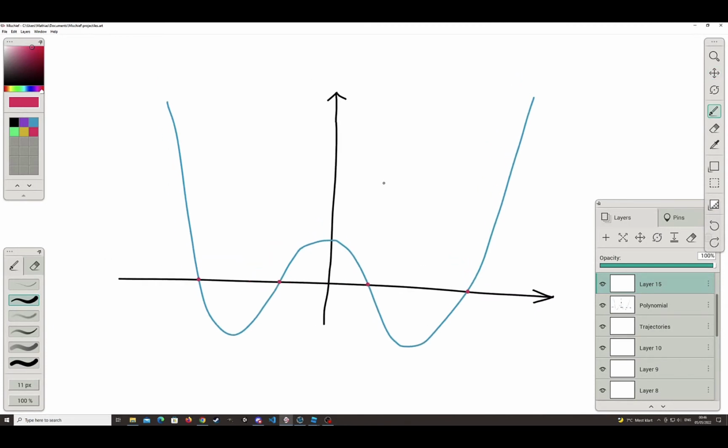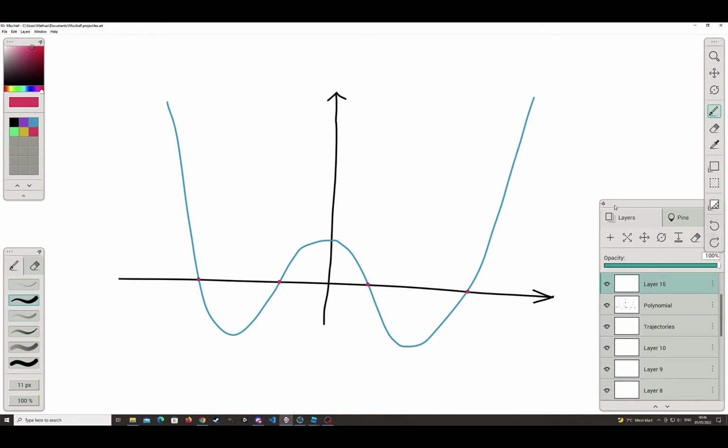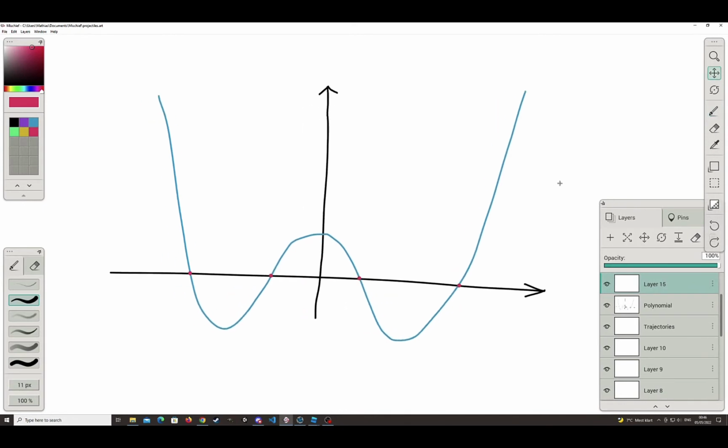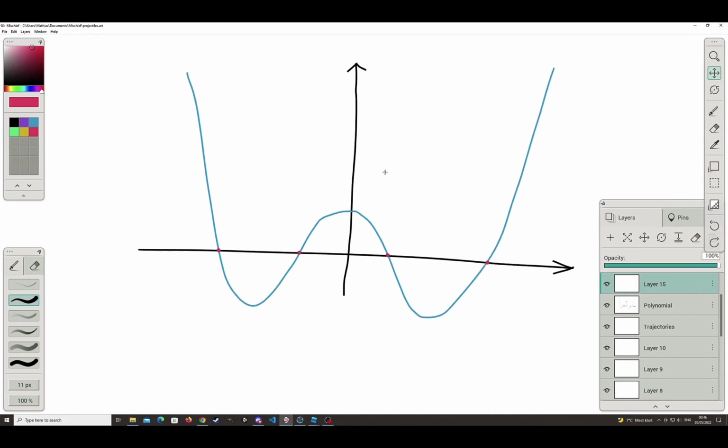Now, I saw this method on a YouTube video, and the guy who made that video said he couldn't find a similar method anywhere else. So there's a chance that he might have invented this algorithm. I don't know, but it goes like this.